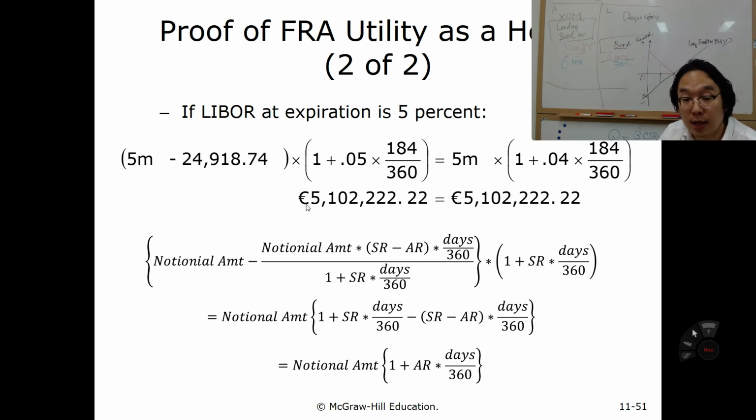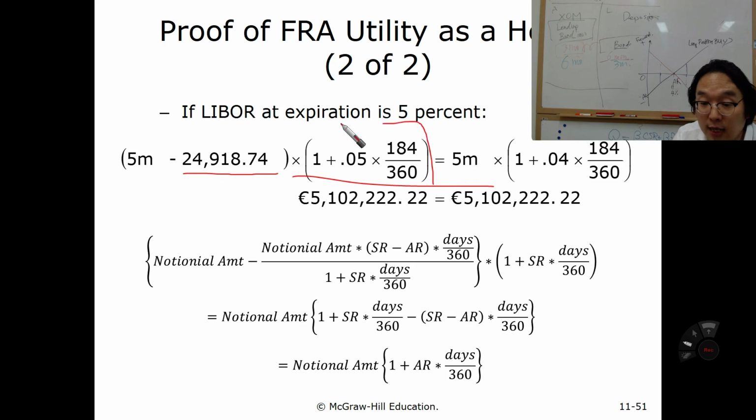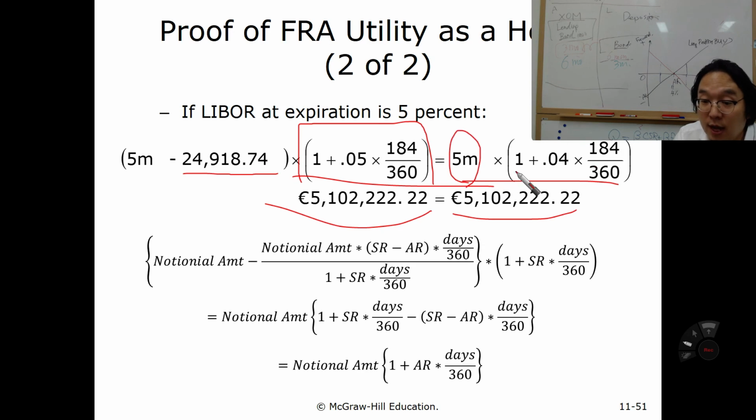Then it's $5 million minus 24,918, because you are the loser over there, you have to pay at the 5% rate over here. And then get the future value of it using the AR of 5%, and that should be identical to $5 million, its future value using the forward rate, the agreed upon rate of 4%.